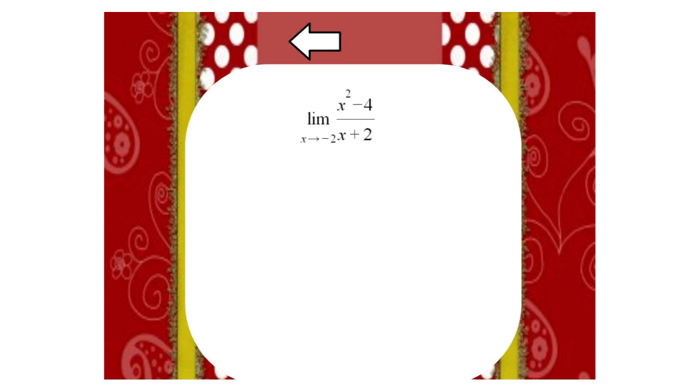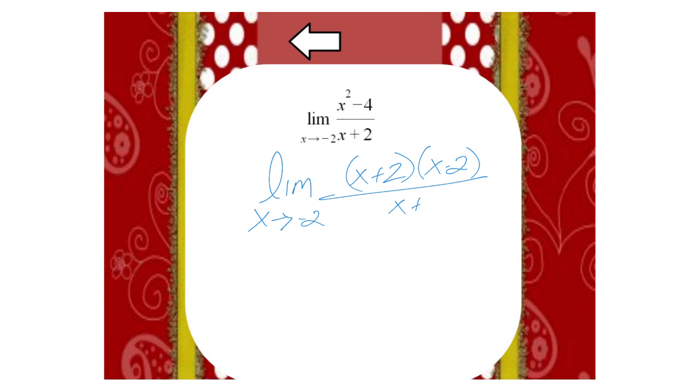If you look at your numerator, we could factor that to an x plus 2, x minus 2. And by doing that, you're now allowed to cross off these x plus 2's, and all we have left is an x minus 2. Now you're going to be able to do the direct substitution. If you put in a -2 right here, -2 minus 2, our limit is -4.